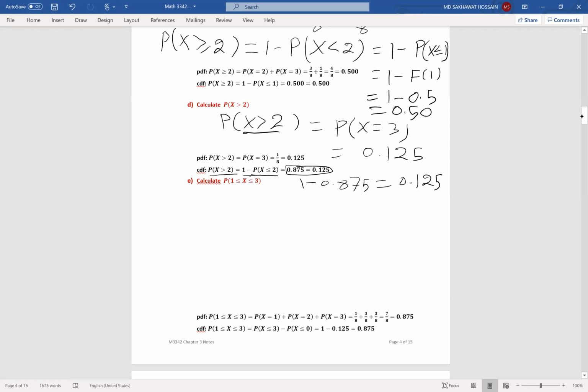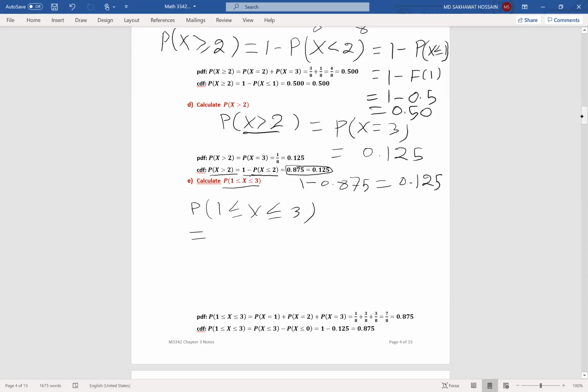Okay. And to calculate the probability for this one, you can use either CDF or the PDF function. If you use PDF, x is between 1 and 3, and 1 and 3 are inclusive.